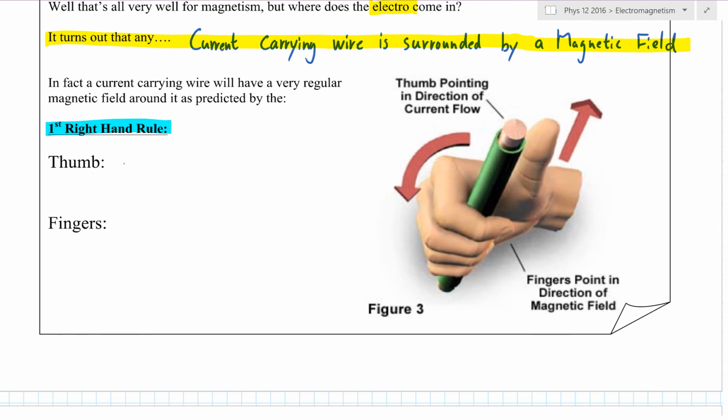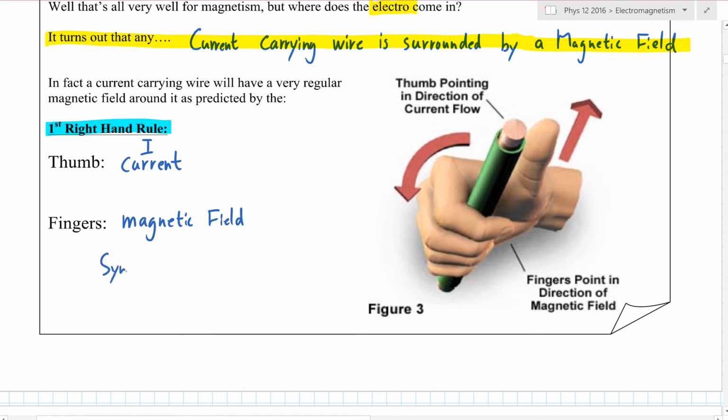So your thumb is the current. Point your thumb in the direction of the current. The current is I, which is measured in amps. Now, the rest of your fingers will be the direction of the magnetic field. I haven't told you the unit for magnetic field yet, or the symbol.